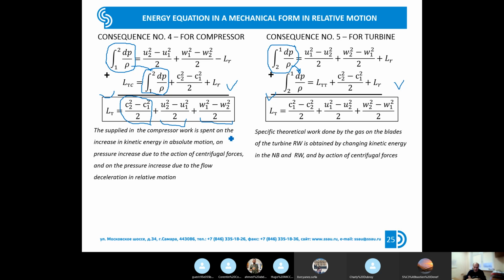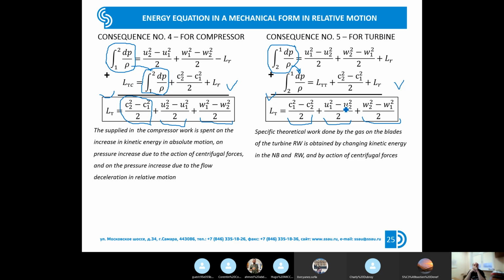And the same for the turbine. Specific theoretical work done by gas on the blades of the turbine rotor wheel is obtained because we change kinetic energy in the nozzle blade, it's the first term, and in the rotor wheel, it's the last term, and because we have the action of centrifugal forces, it's the second term.